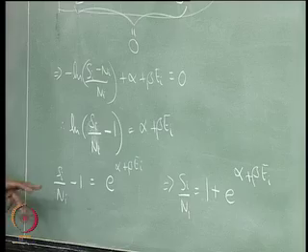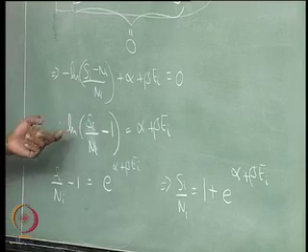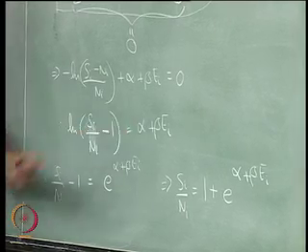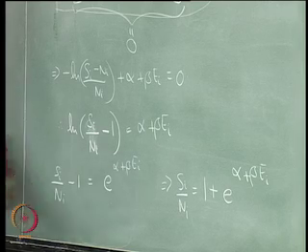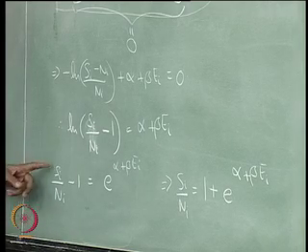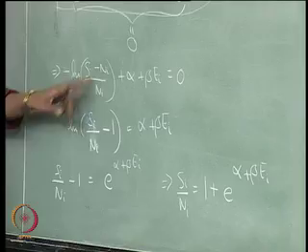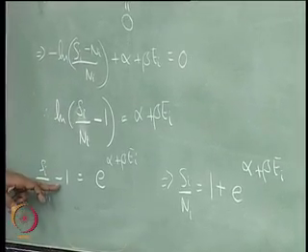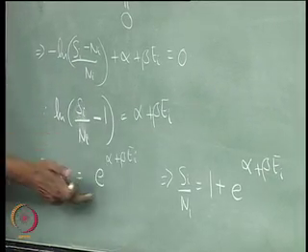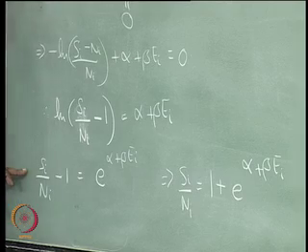I am just rearranging the terms here. Since I have removed the log, this goes to the exponent. So that is why we have e power alpha plus beta Ei, and Si by Ni minus 1, the minus 1 goes to the other side, so it is 1 plus e power alpha plus beta Ei.